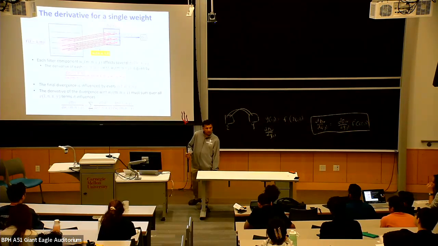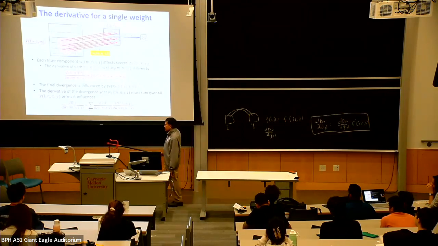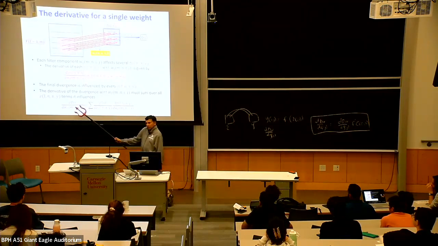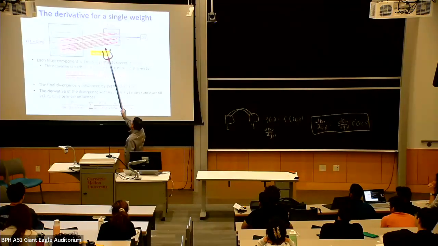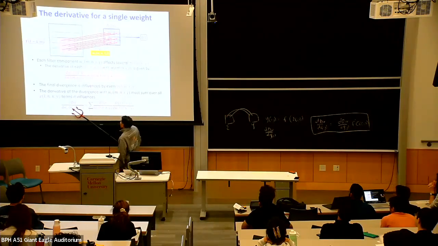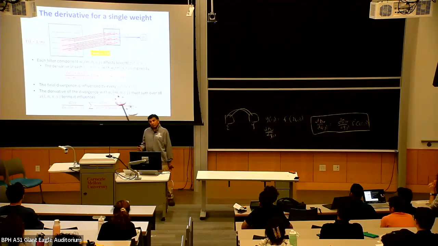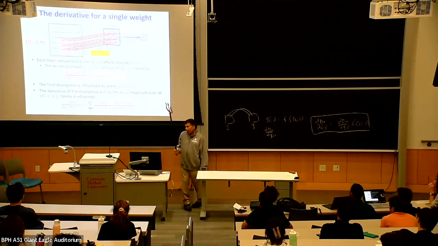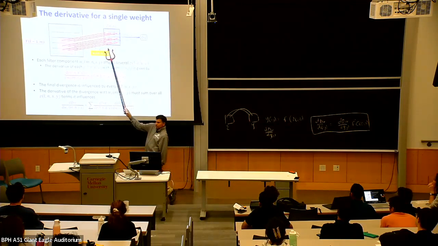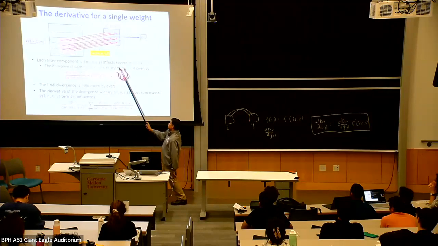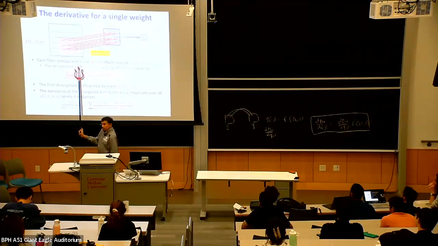The indices can get confusing, but you can figure these out. I'm more interested in the ij's. The derivative of the divergence with respect to any wij is the sum over all elements of the output map, which is going to be the n, because it's very specific to the filter, of the derivative of the divergence with respect to the z element times the derivative of the z element with respect to the filter.